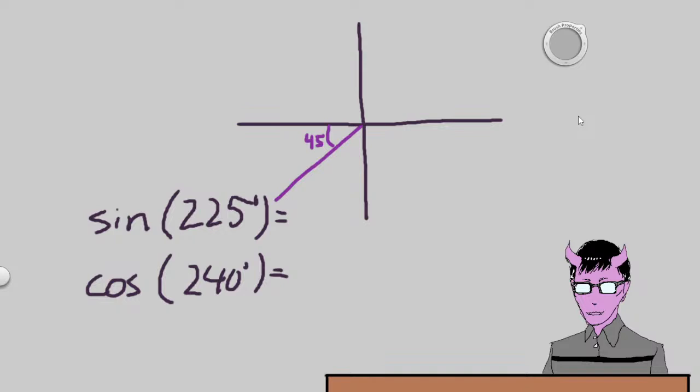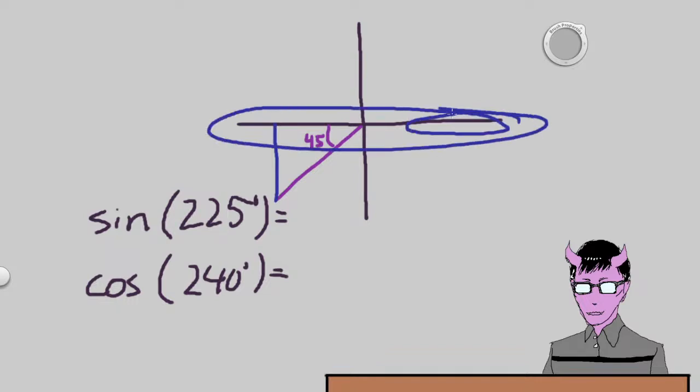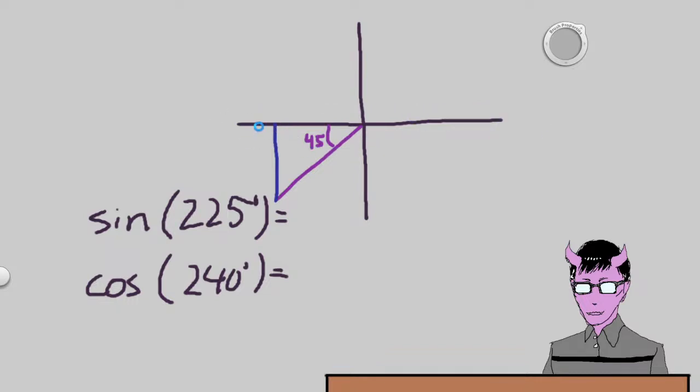That's not a triangle. So to form a triangle, just draw it straight towards the x-axis. 90 degrees. Well, my coloring system is messed up. Let me put a different color. Okay. Alright, so a few things to make note of. We do have an adjacent here. We have an x length. It's in the negative zone.